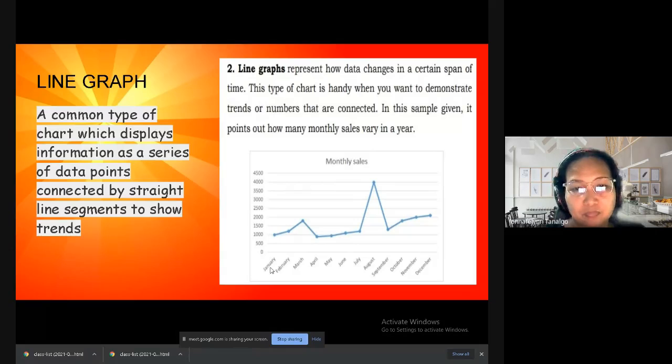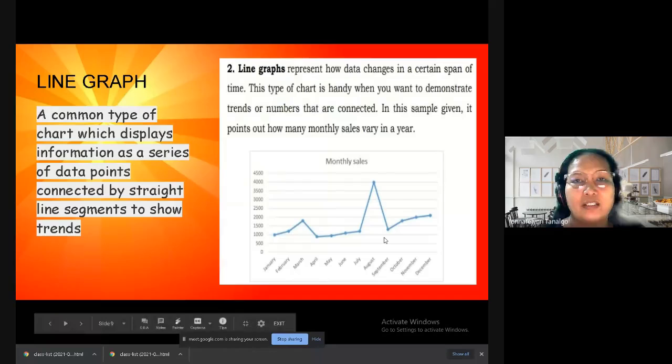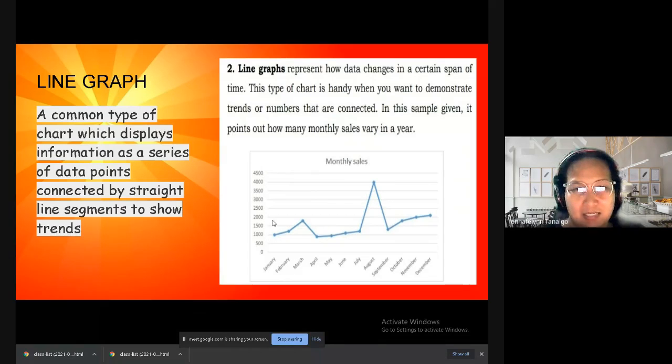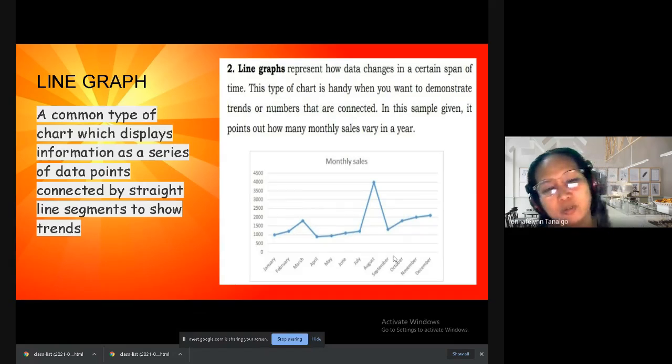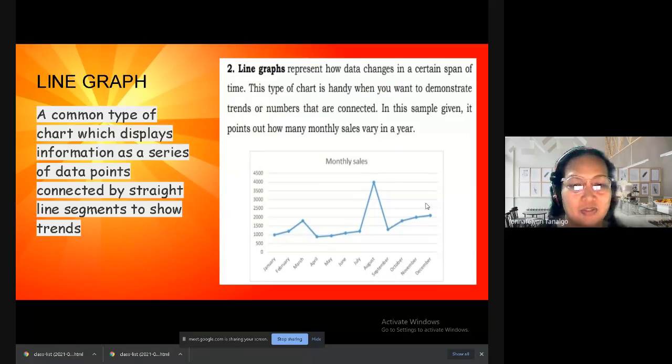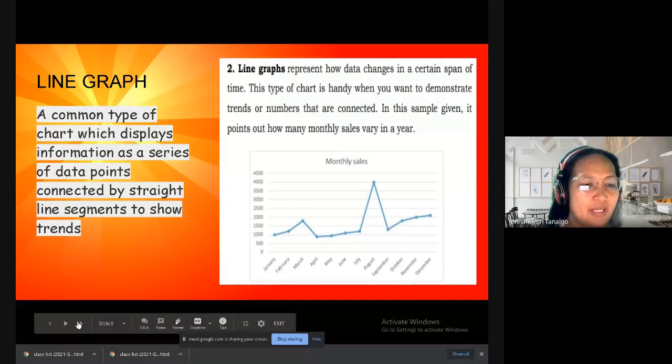Line graphs represent how data changes in a certain span of time. This type of chart is handy when you want to demonstrate trends or numbers that are connected. So if you wanted to use this one, then it would be good.